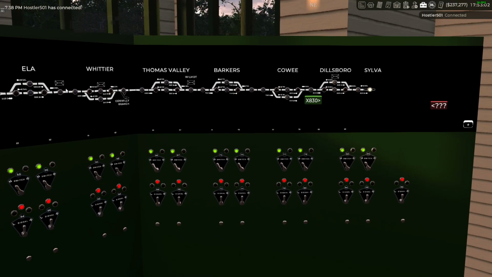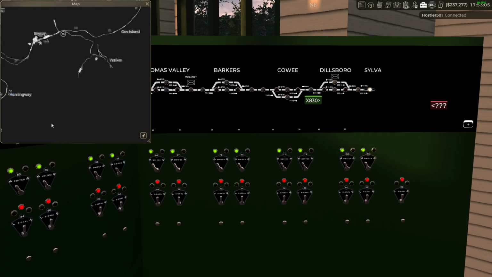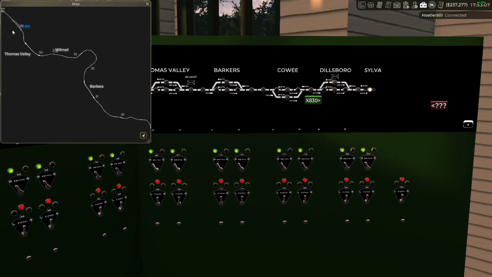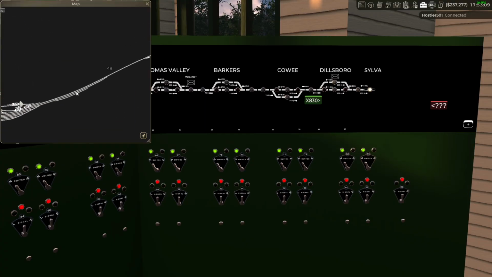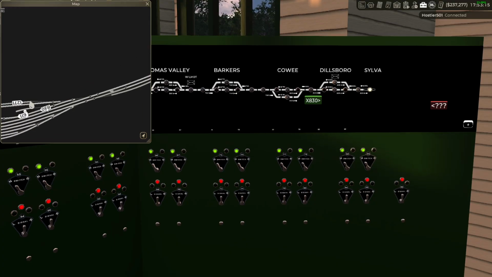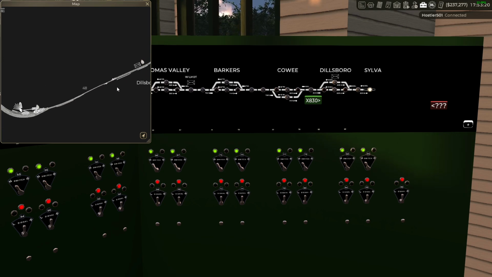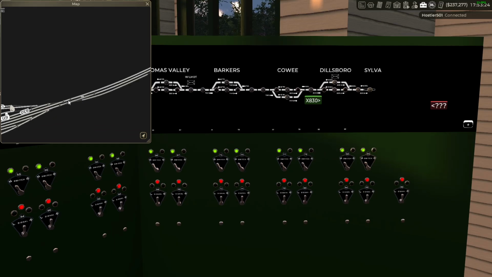And I'm glancing at Dillsborough siding here. I'll bring up the map as well, so that way we could look at both. It looks to me like he's got to have a hand throw off the Dillsborough siding at some point. Yep, looks like he's right there, coming out onto the main before our signal up there. Okay. Heading towards the right on our screen.